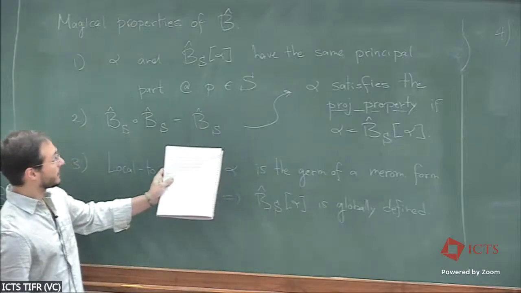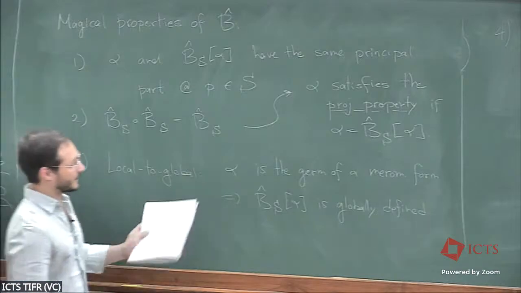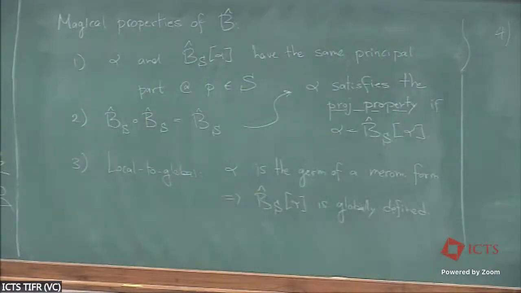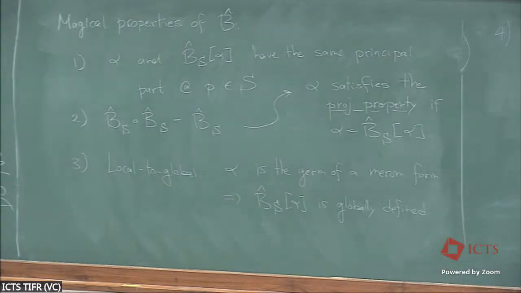What this B hat is doing is giving you an opposite polarization, and the fact that this opposite polarization is also Lagrangian is a consequence of the Riemann bilinear relations. I will not show this because it's not so relevant, but it shows that B hat has a lot of properties in common with the theory of Riemann surfaces when sigma is compact. But in this setup, I actually don't need compactness. These properties here will be enough for me.